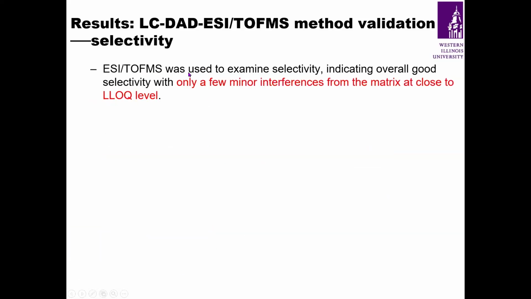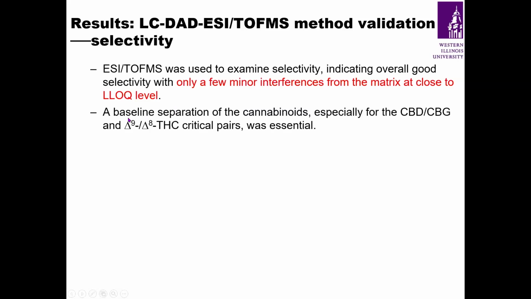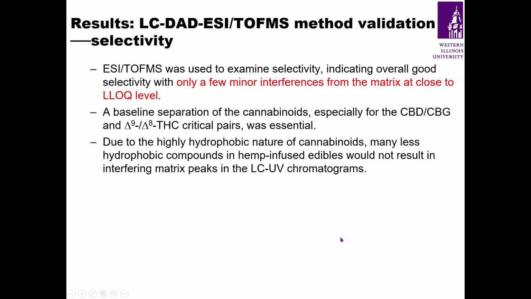ESI TOF-MS was used to examine selectivity, indicating overall good selectivity with only a few minor interferences from the matrix at close to LLQ level. A baseline separation of the cannabinoids, especially for CBD, CBG, and delta-9, delta-8 THC critical pairs, was essential.